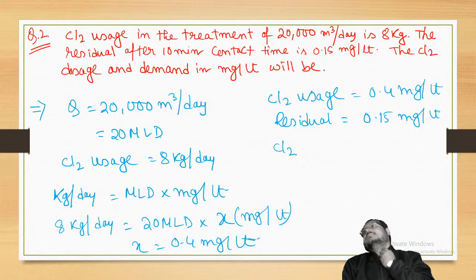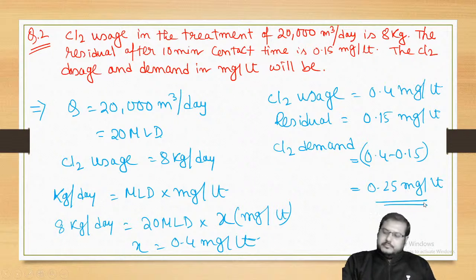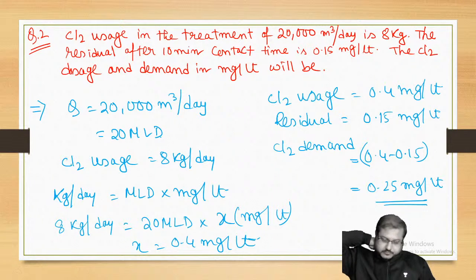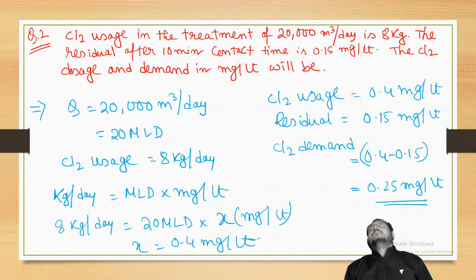So chlorine demand will be 0.4 minus 0.15, applied minus residual, 0.25 milligram per liter. That is the second question.